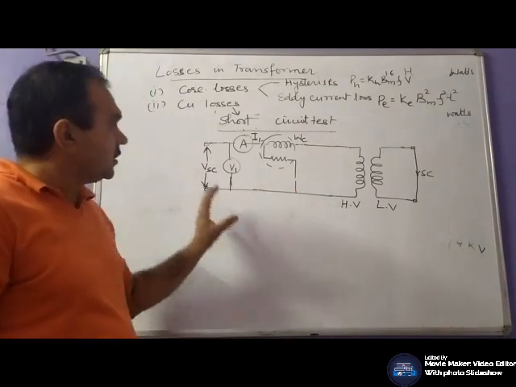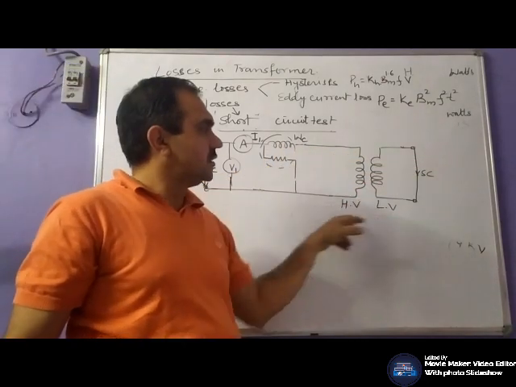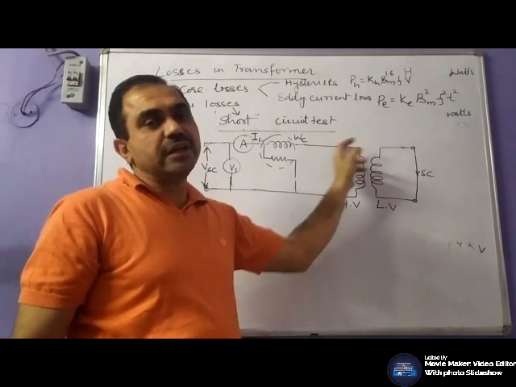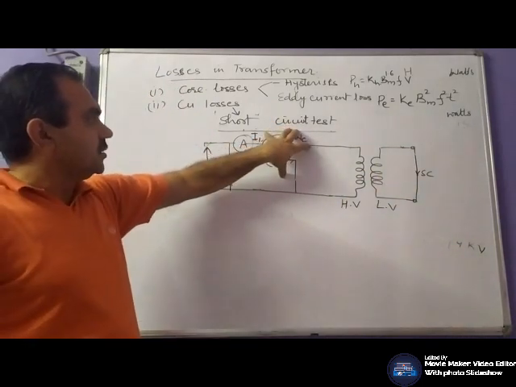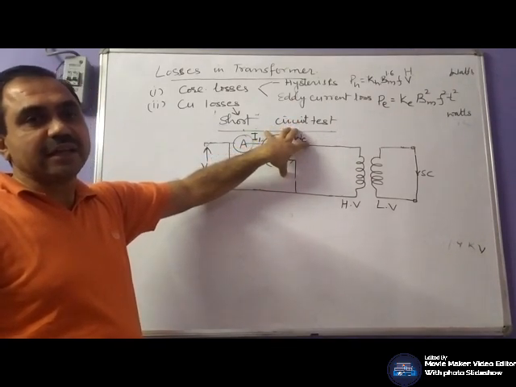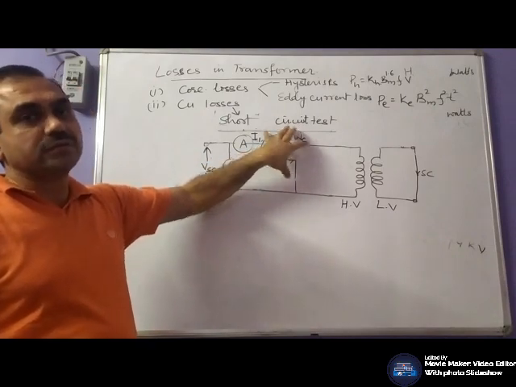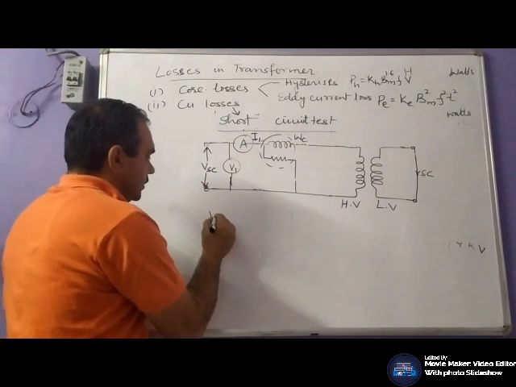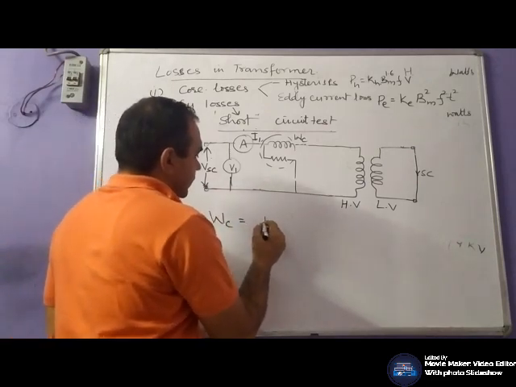So whatever losses there are will be due to the circulation of rated current in the winding. That's why if the low voltage hysteresis and eddy current losses are neglected, this wattmeter will give the reading of copper losses.